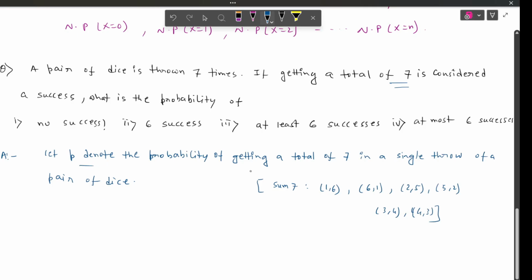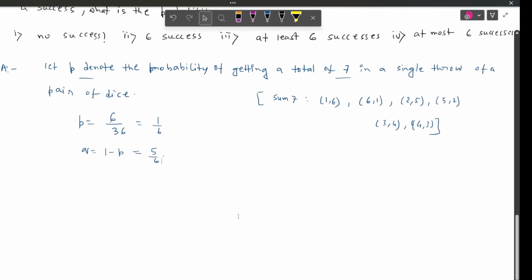So P is the probability of getting 7. So you got 6 out of 36 cases. So it would be 1 by 6. And we know P plus Q is 1, so Q would be 1 minus P. That is 5 by 6.